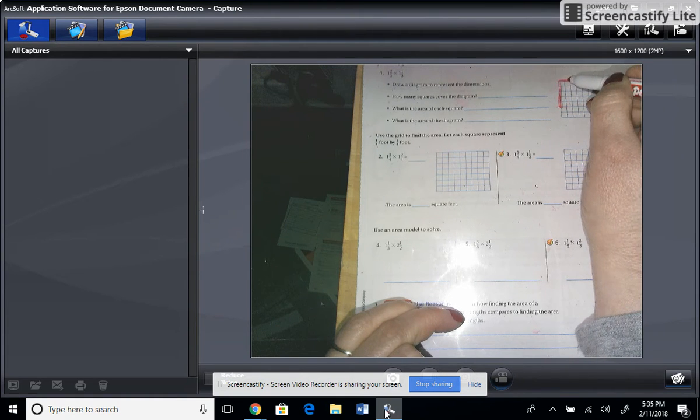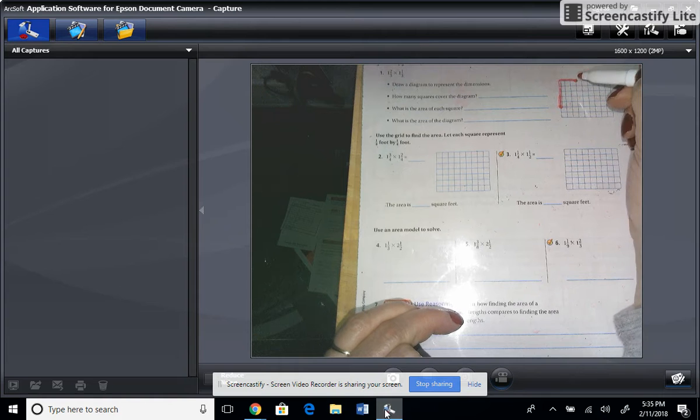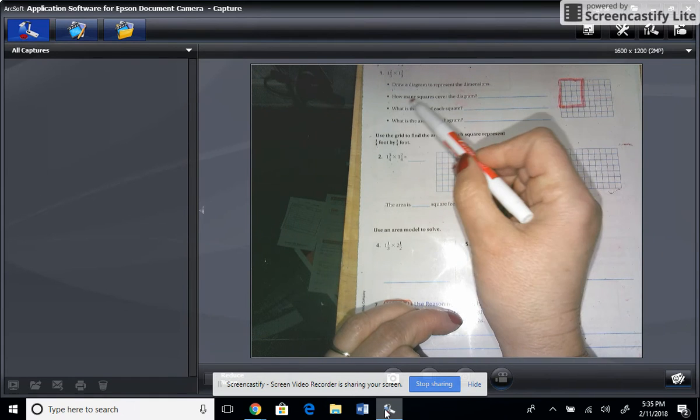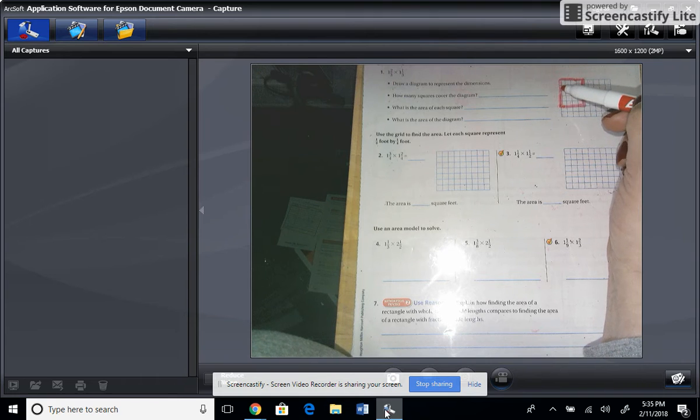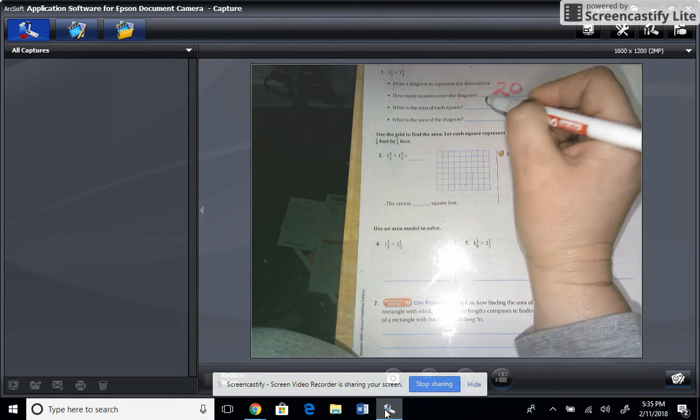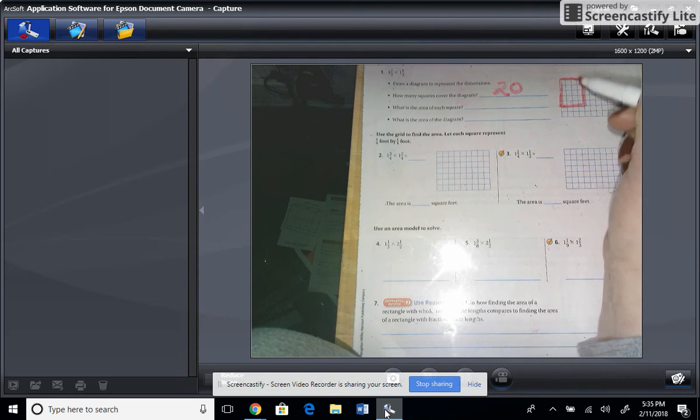So how many squares covered our dimension? We have 1, 2, 3, 4, 5 times 1, 2, 3, 4, which is 20. Each square, what's the area of each square? Well, remember we have 1/3 times 1/3, which is what? 1/9.